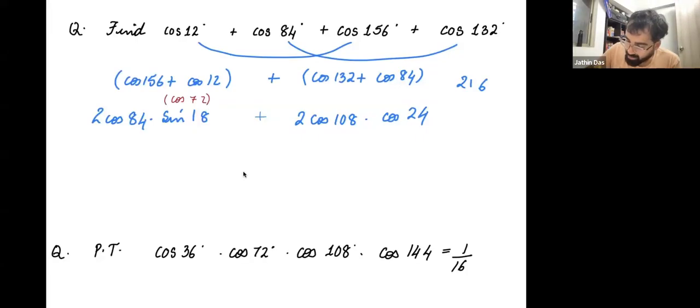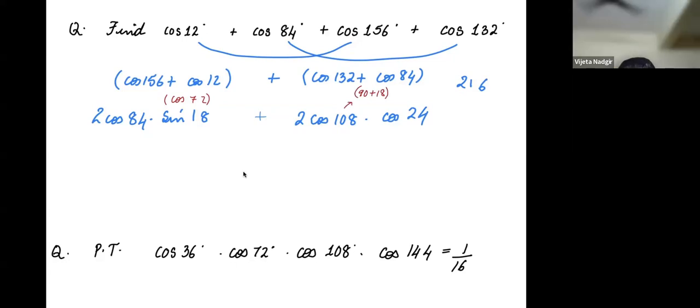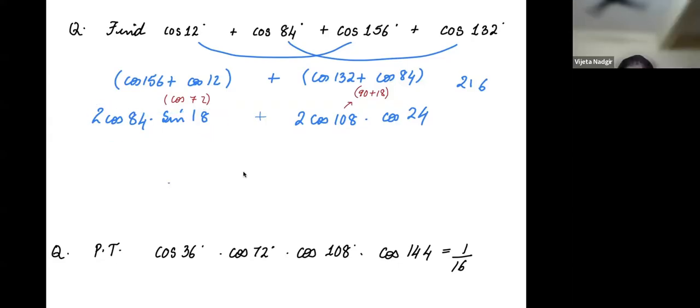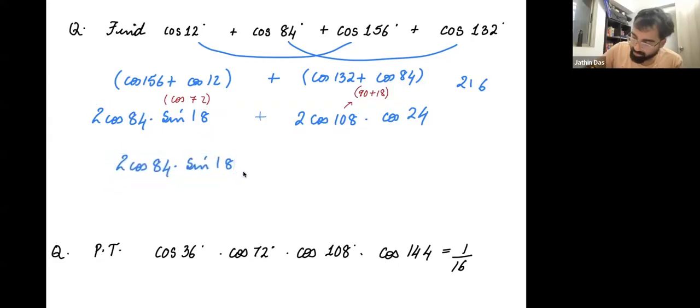Now, what is 108? 90 plus 18. So what will cos of 90 plus 18 be? Minus sin 18. Correct. So I will write minus 2 sin 18 into cos 24.